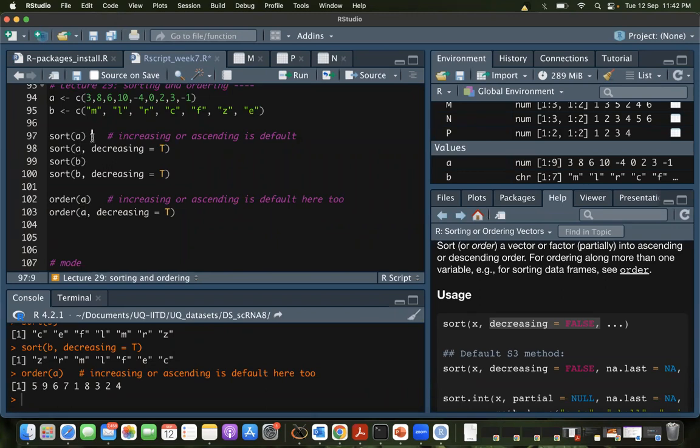So what do you use if you want to extract one element from a vector? What do we do? If you want to extract the value at any position from a vector, what do we do? This you know, right? You've seen this.